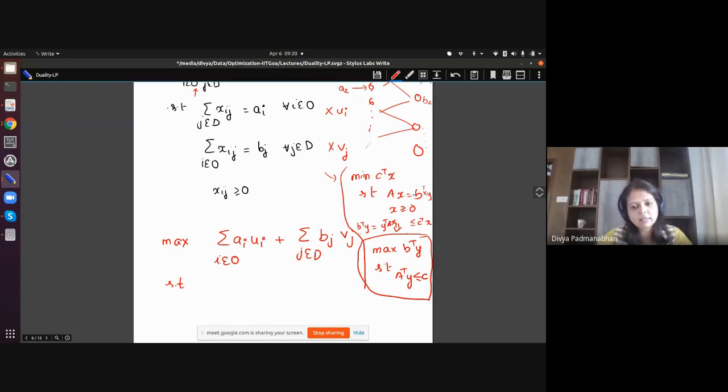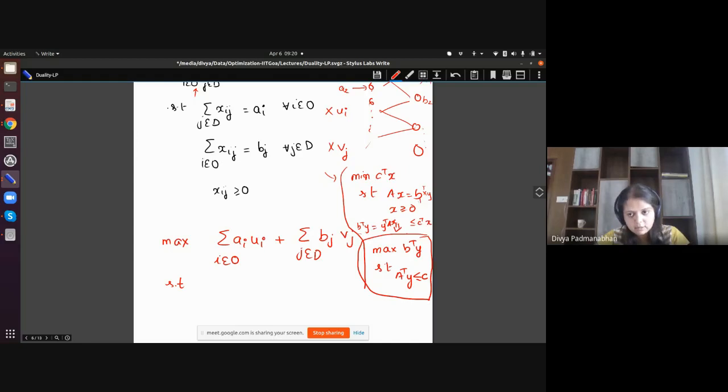Here there's just a small difference: we have this Ax equal to b form. In the earlier problems we had inequalities, and here we have an equality. So some things will change when you write the dual. To start off with, what we did earlier was multiply all the constraints with y.